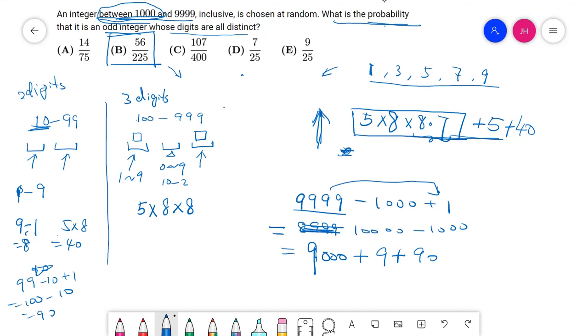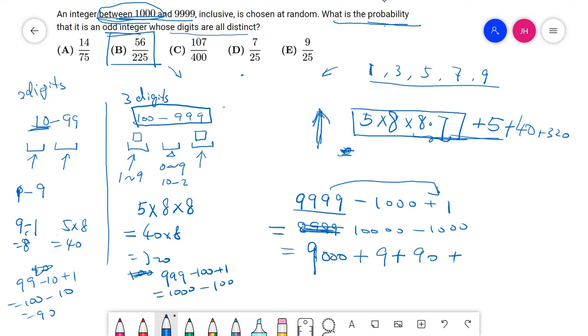Therefore, the quantity here is 40 times 8, that's 320. So that's plus 320. Okay, how many possible 3-digit numbers do we have? That's between these 2 numbers, right? It'll be 999 minus 100 plus 1. Again, that's 1000 minus 100. That's 900.